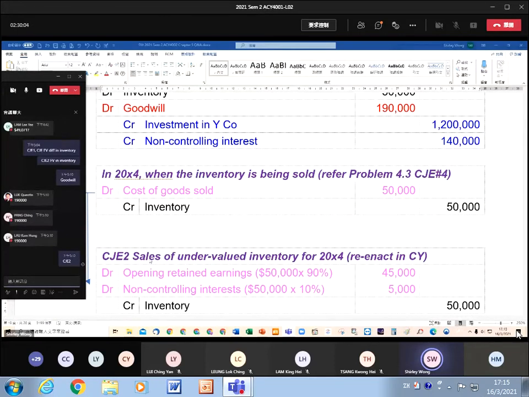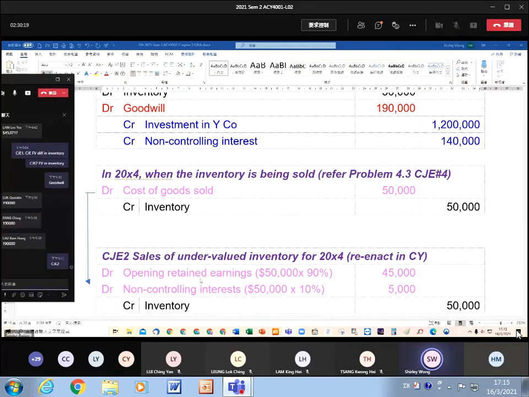Remember, this is called sales of undervalued inventory for 2004 that is shown in last year. In last year, you have already prepared this entry. Now in the current year, you need to re-add. When you re-add, you debit opening retained earnings, debit NCI, and then credit inventory. If you don't know how to do that, please copy it now.